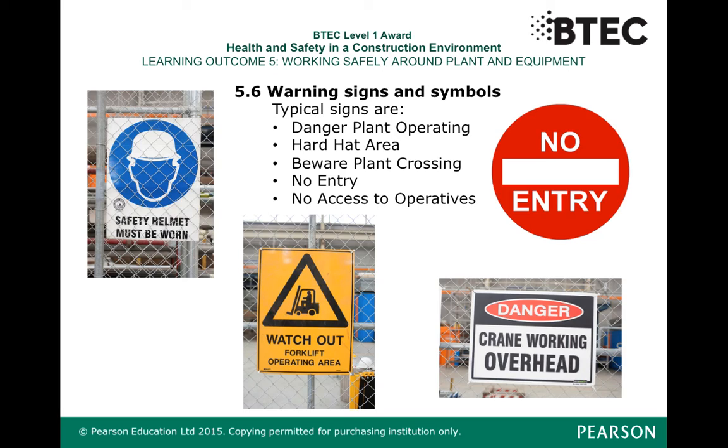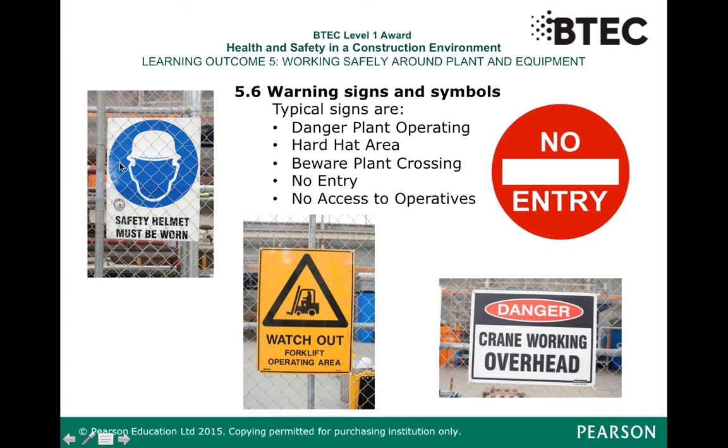Here we're looking at some more warning signs and symbols. The typical signs here are, and I'm sure some of you who are already working in construction would have seen these: danger, plant operating, watch out, forklift operating area.